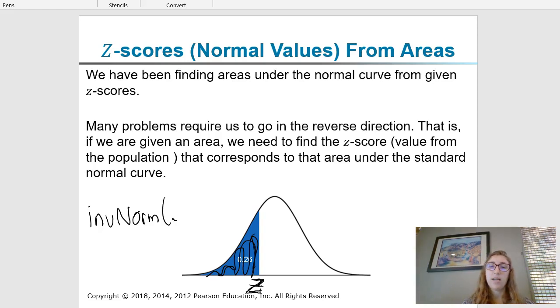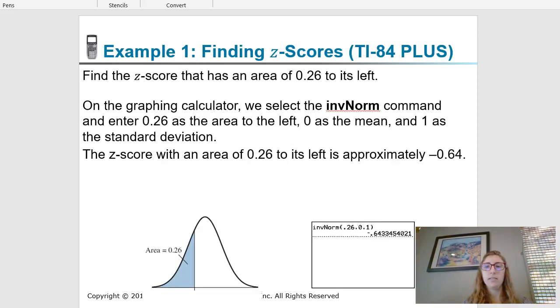This problem was nice and gave us the area to the left. And again, if we're talking about z-scores here, what kind of distribution are we using? Our standard normal distribution, which has a mean of 0 and a standard deviation of 1. So 0, 1. All right, so enter that in your calculator here. And we should get negative 0.64.